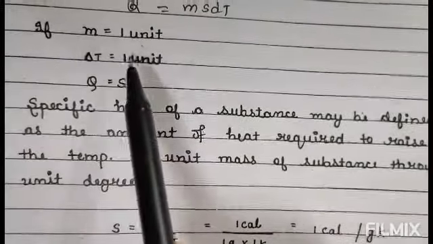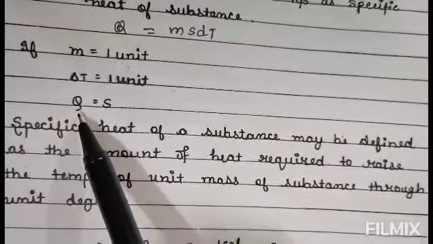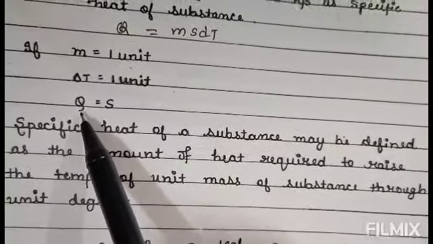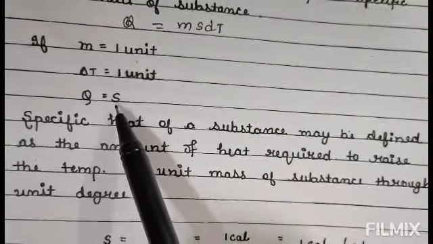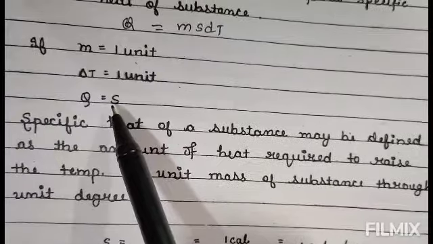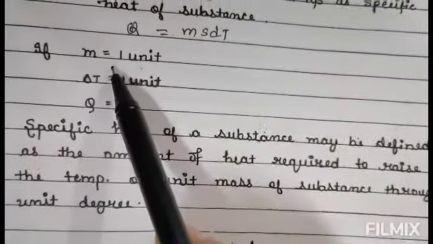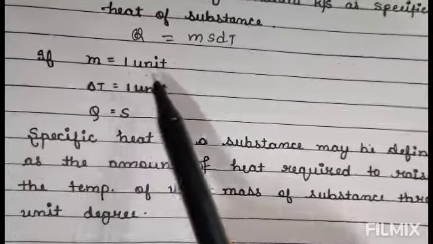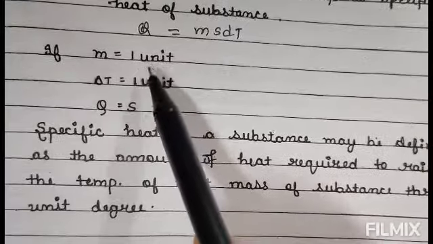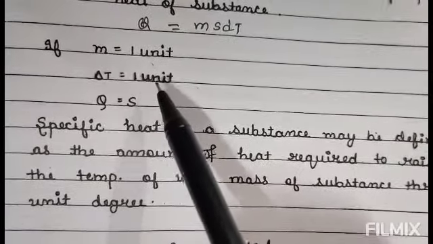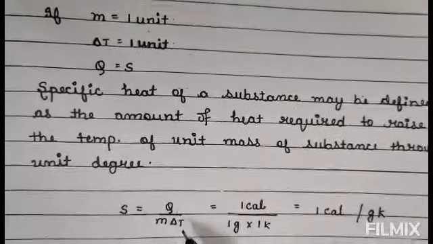So the amount of heat Q equal to the specific heat is required to raise the temperature of a unit mass of a body by a unit degree. This is called specific heat.